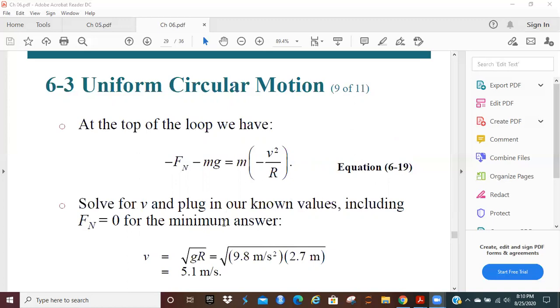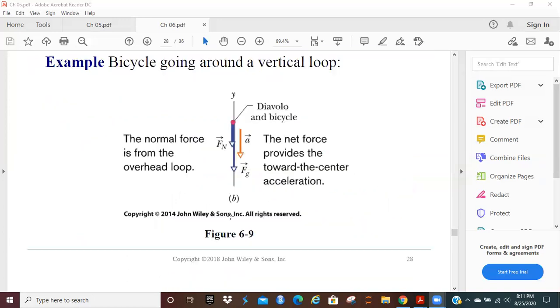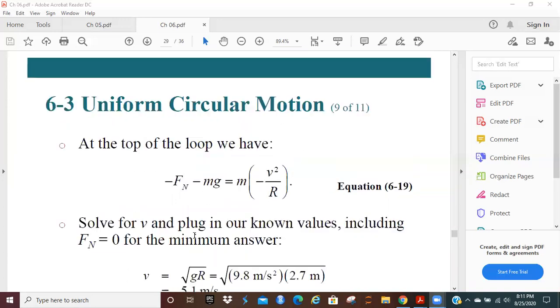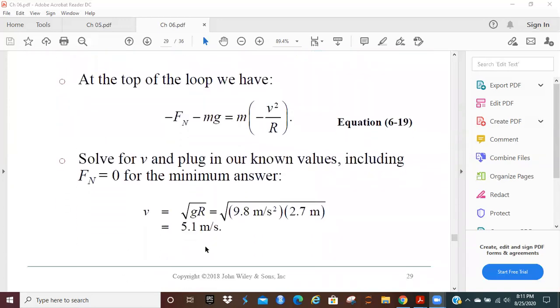I wish that had been written out a little bit better, but it wasn't. To solve for the velocity, what they've done is they've reordered this particular equation, substituted in the values that they knew, which again, they're not telling us here, and came up with the velocity.